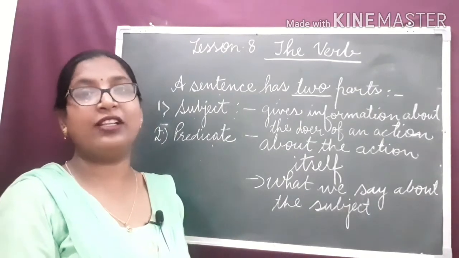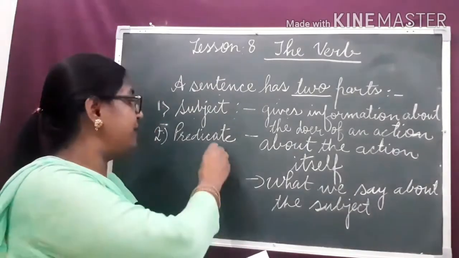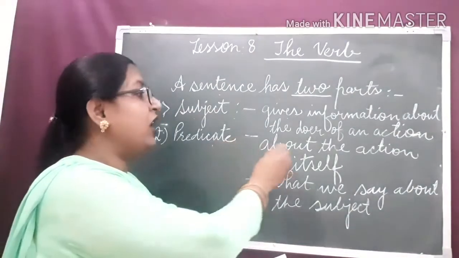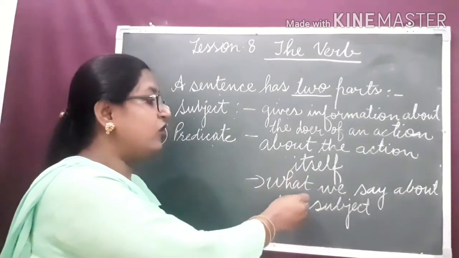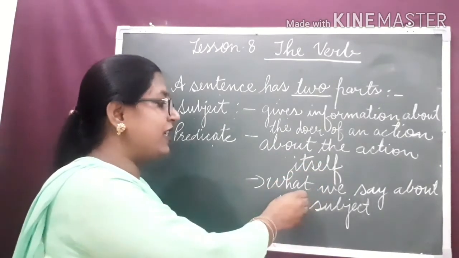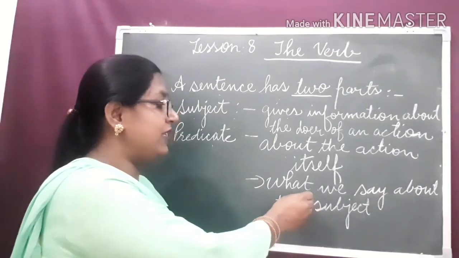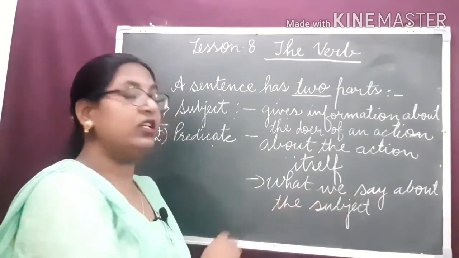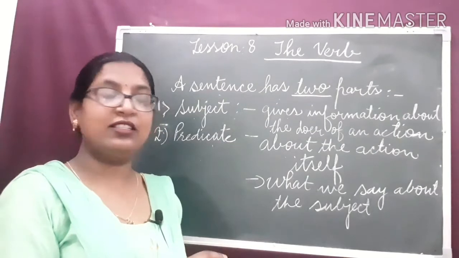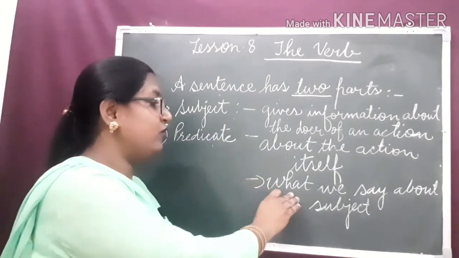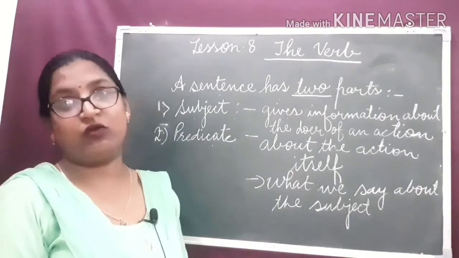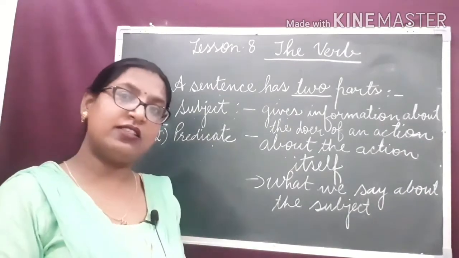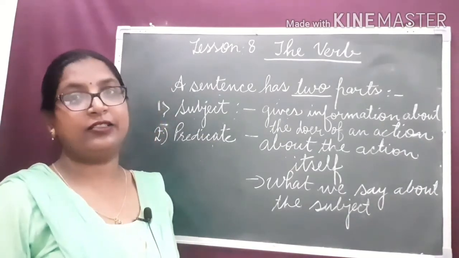Subject is performing the action. And predicate is about the action itself. What is the action? Or in other words, we can say predicate tells us what we say about the subject. What we say about the subject is the predicate.